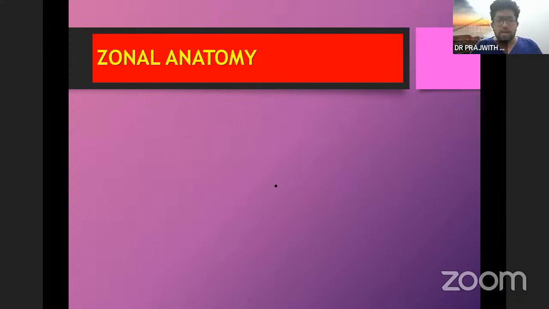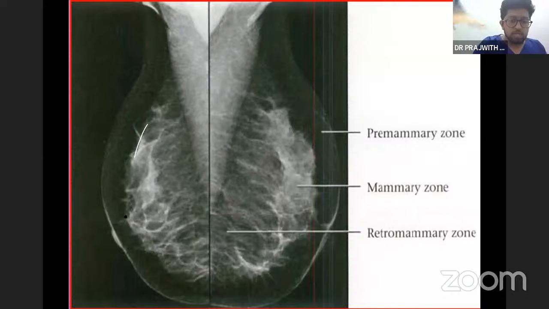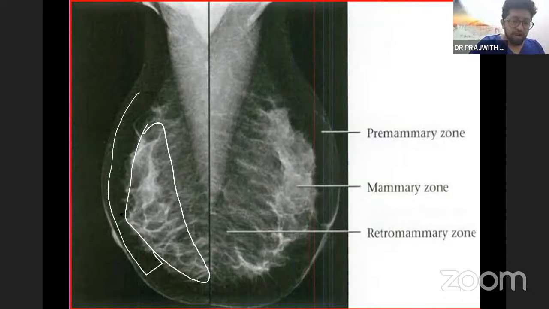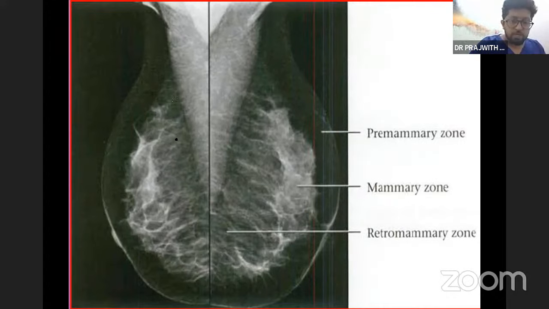Zonal anatomy, just in brief. What we are seeing here is the breast parenchyma, and the black densities that we are seeing here are the fat. This is the subcutaneous fat, and similar fat will be present deeper to the fibroglandular tissue. That will be the deeper fat tissue.